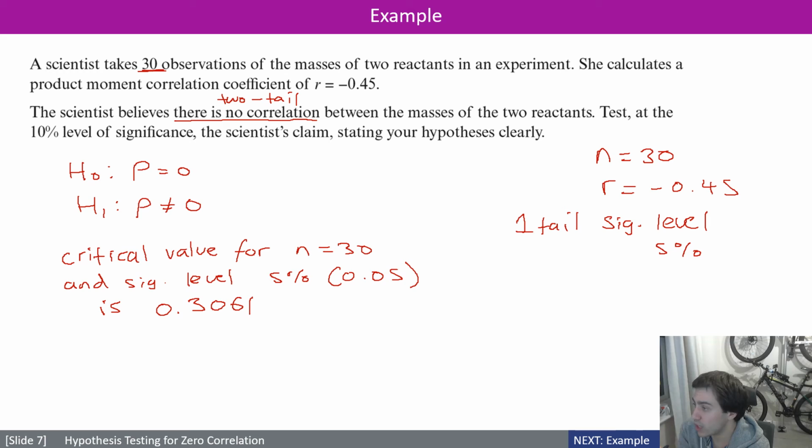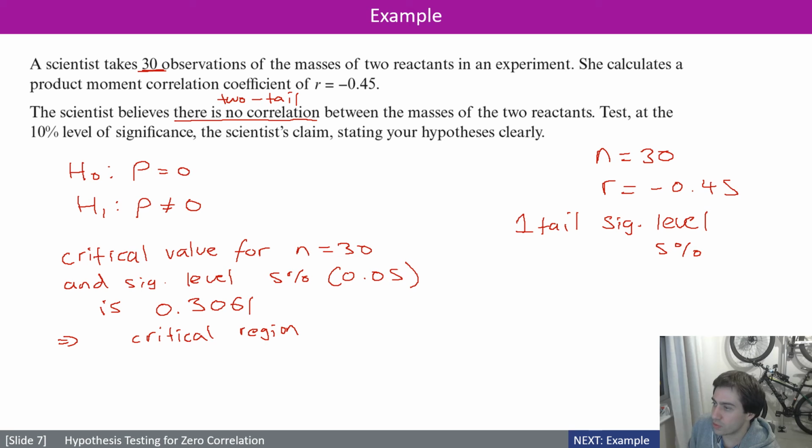Remember, this is two-tail, so my critical region is going to be anything that's more extreme on either side of 0.3061. By extreme, we mean further and further away from the null hypothesis, which is 0.